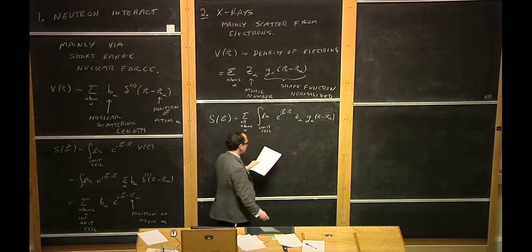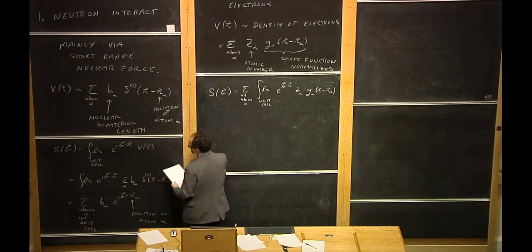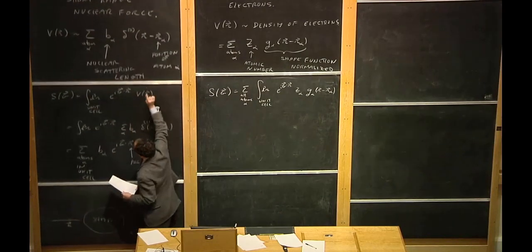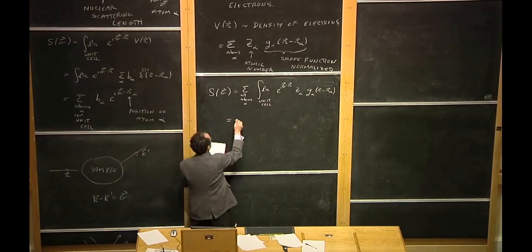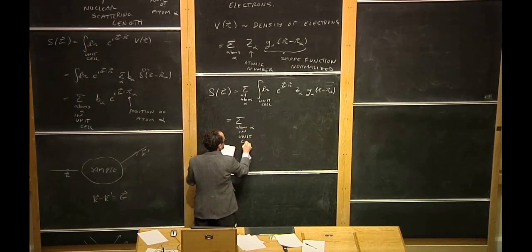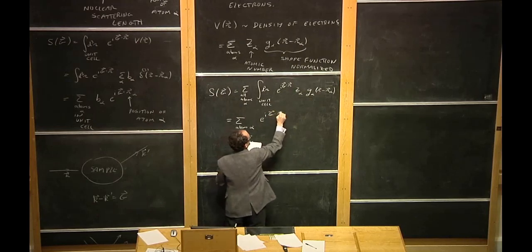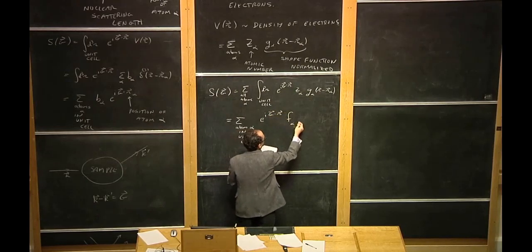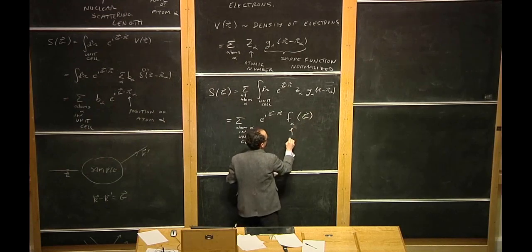If we do that Fourier transform, what we get is extremely similar to this equation here. What we get is of the following form: sum over atoms alpha in the unit cell of e to the i g dot r times f sub alpha, a different letter, as a function of g. This is known as the atomic form factor.